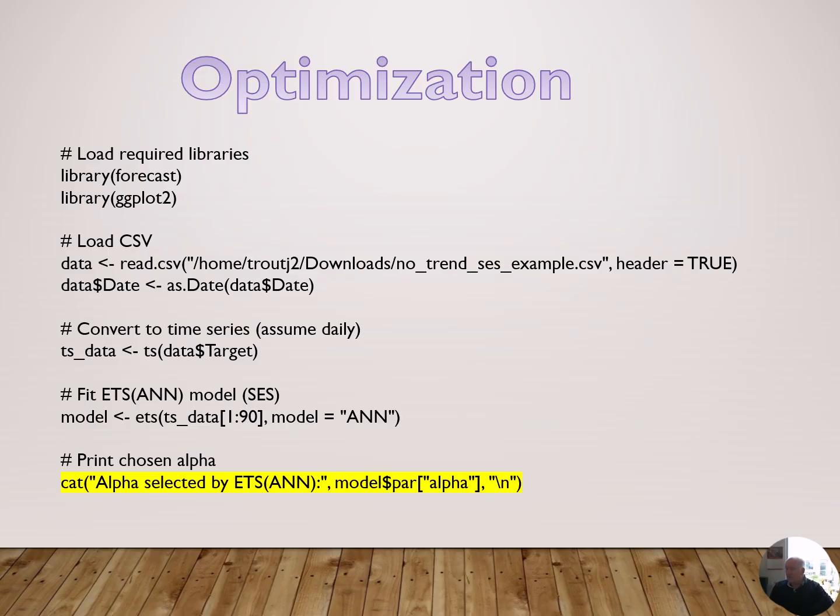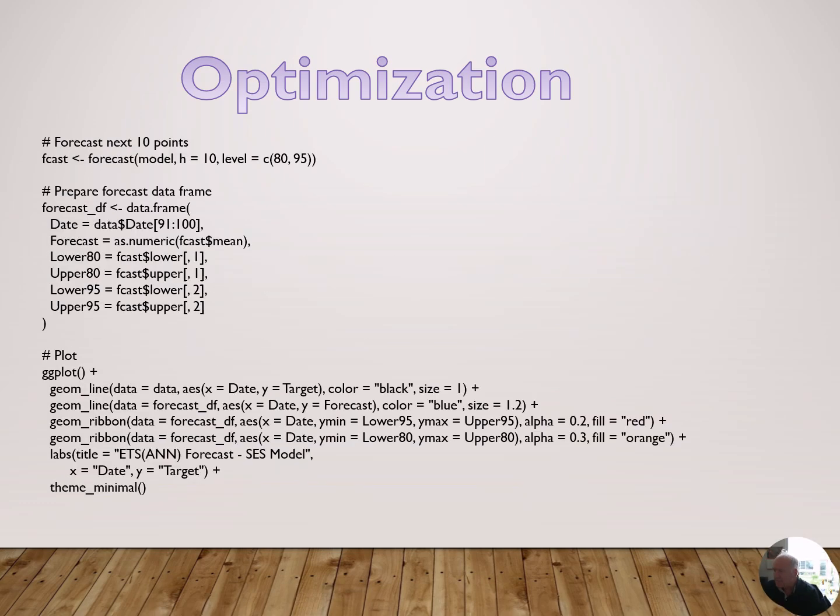And we're going to use the first 90 points to train the model, and then we'll print out the chosen alpha that's chosen by ETS. cat will print out the data, and it says alpha selected by ETS, and we'll look at the model parameter for alpha, and that's \n, assuming you know what that is, to print to the next line.